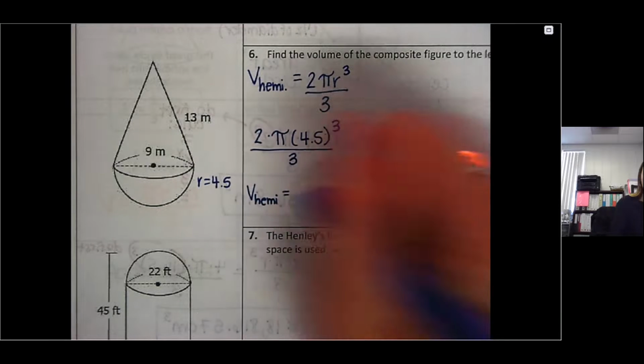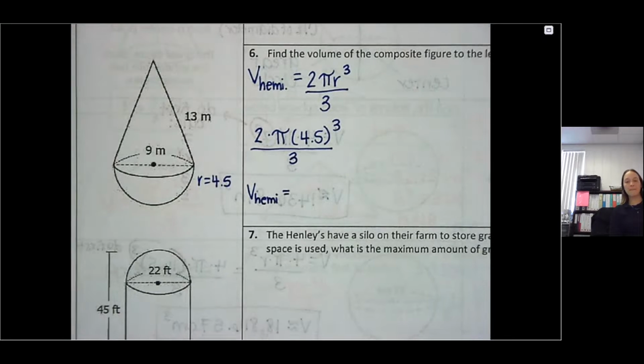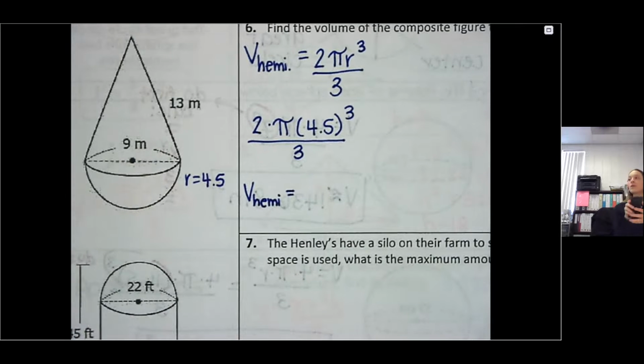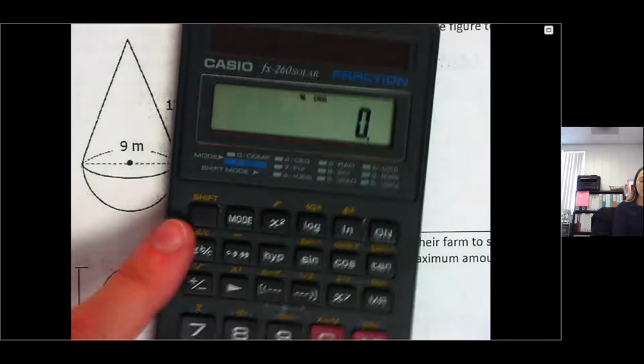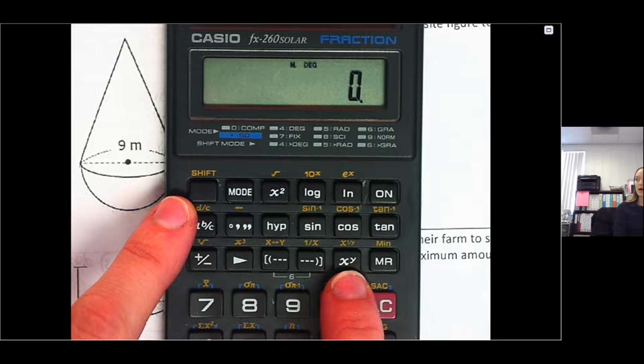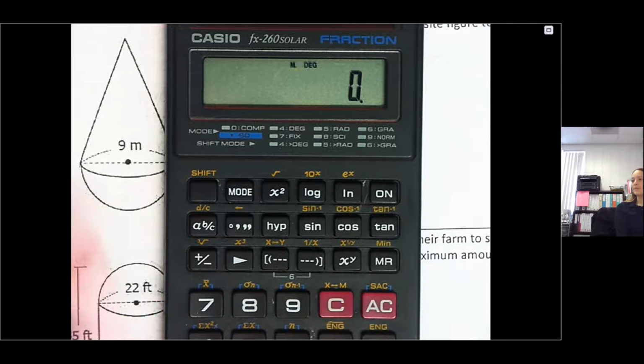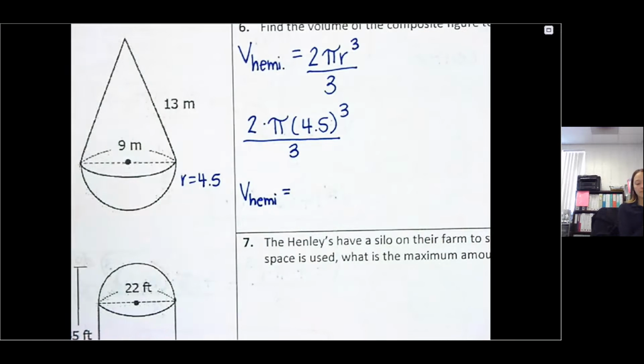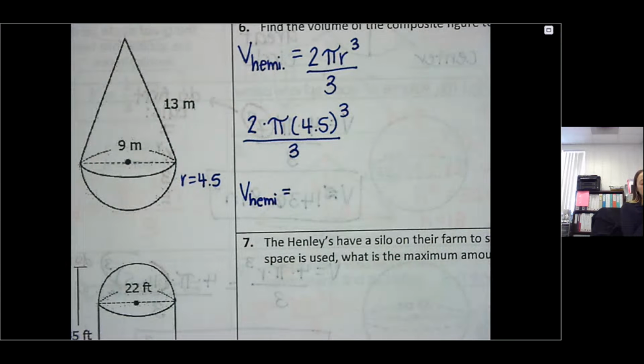Correct. How do you do the 4.5 to the third? So you'll put 4.5 in, and then you push this button here, it says x to the y, and then you push the 3. Do you want us to round the volume of the sphere?